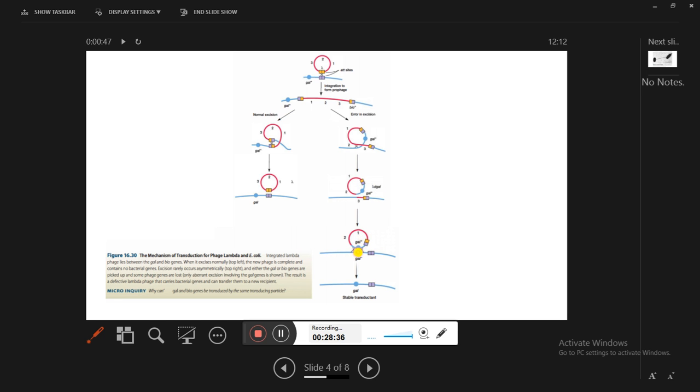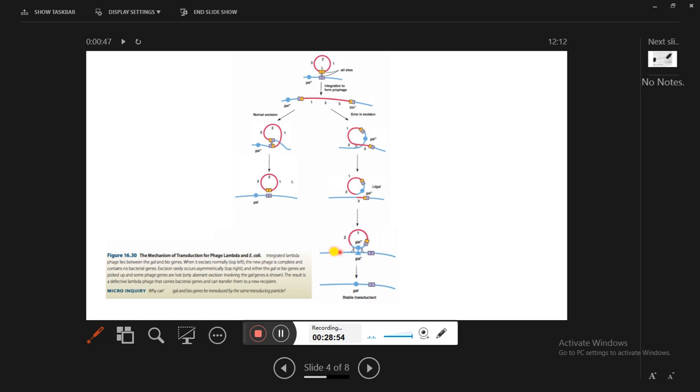Now this galactose gene, this lambda DNA, is infecting another cell, meaning infecting another bacterium. At that time, this other bacterium is galactose negative, meaning it does not have the genes for galactose utilization.